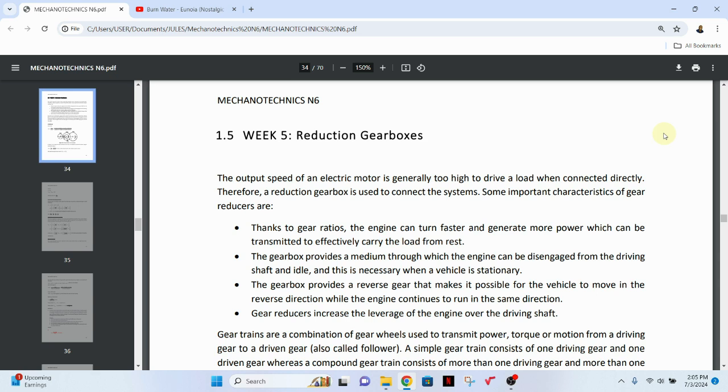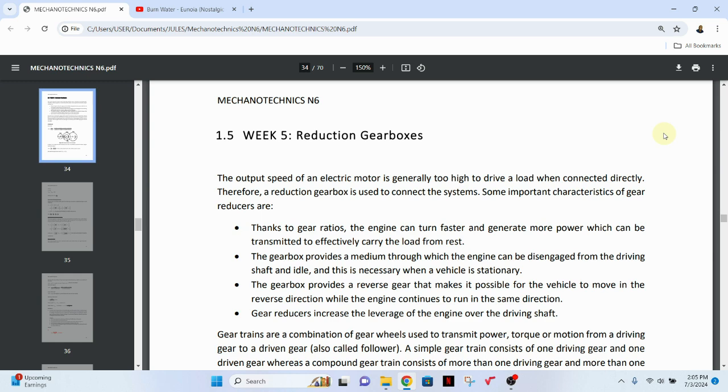Since in this case you're not having to drag a lot of weight with you, then you can pick one of the higher gears where the speed then is going to be great, but the torque is small. But of course, since you don't have to drag much weight, you can do with a small torque output. Okay, and so to be able to change speeds like that, you need a gearbox, okay?